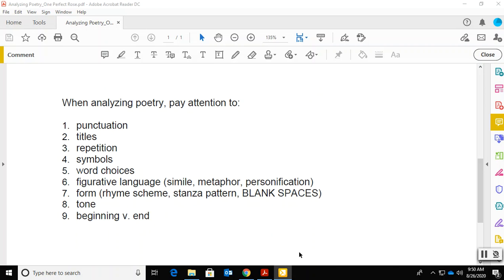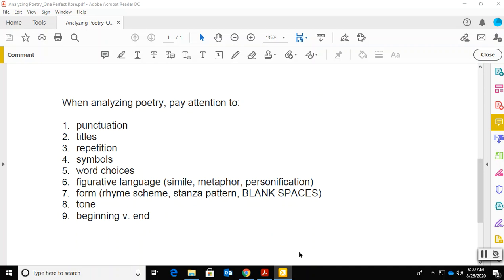Are there repetitions in word choices? Do the word choices stand out to you in some way? Are they maybe an archaic or an older form of a word? Look up words you do not know when you're reading poetry, because every single word matters, because the poem is such a compressed document.